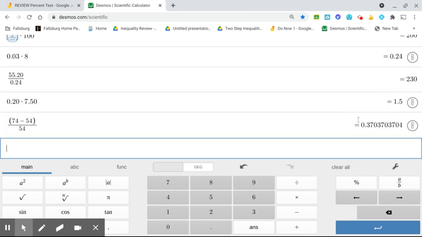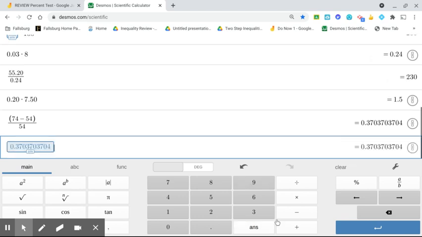Now remember, this is a decimal. We want a percentage. So we want to take our answer and multiply it by 100. And I get 37.03, keeps on going, right? But it says to round to the nearest whole percent.